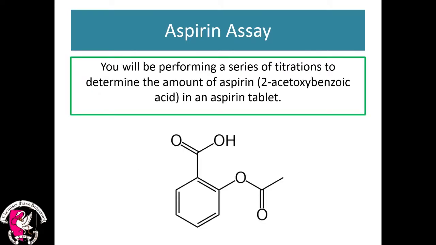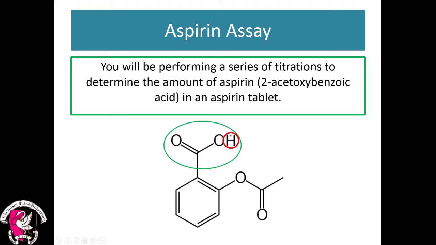So what you're going to be doing in the lesson is performing a series of titrations on a solution of aspirin. You're going to get an aspirin tablet, make a solution from that, and then titrate it against a base, an alkali, because as we know, aspirin has a carboxylic acid group, and within that group we have a hydrogen which can be donated.